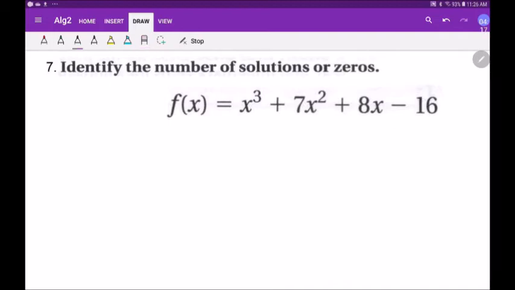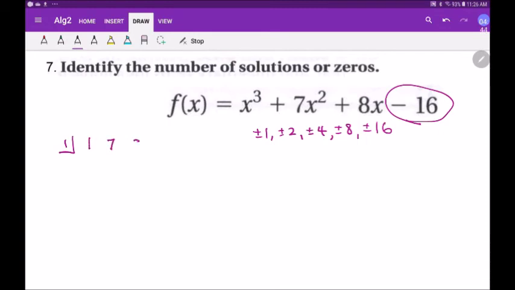So I say here to myself, 16, so plus or minus 1, plus or minus 2, plus or minus 4, plus or minus 8, plus or minus 16. These are my factors of 16 over 1, so I'm not going to worry about the bottom. So let's get busy. I didn't put a graph for this one, so I just have to hope I get something here. So 1, 7, 8, and negative 16.